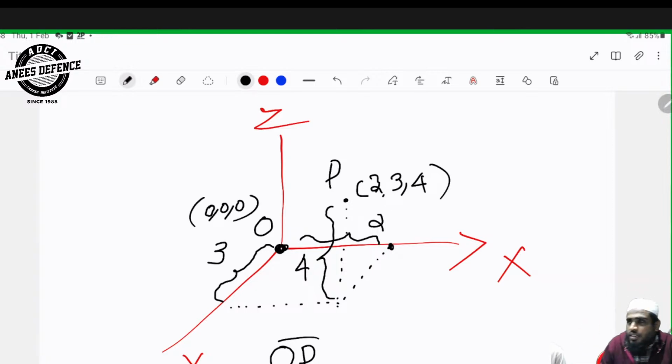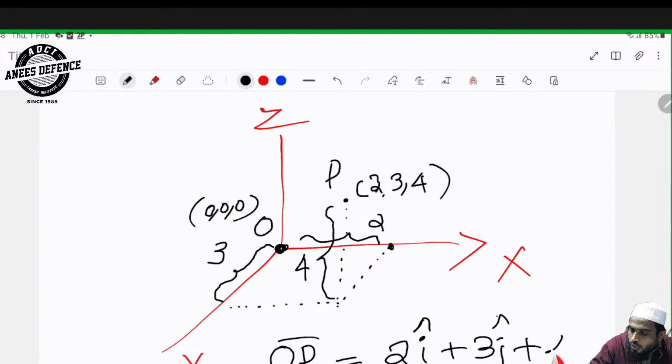So when you are representing a vector with respect to the origin, we call OP the position vector. If 2, 3, 4 is given, you can represent it as 2i plus 3j plus 4k. Understood?